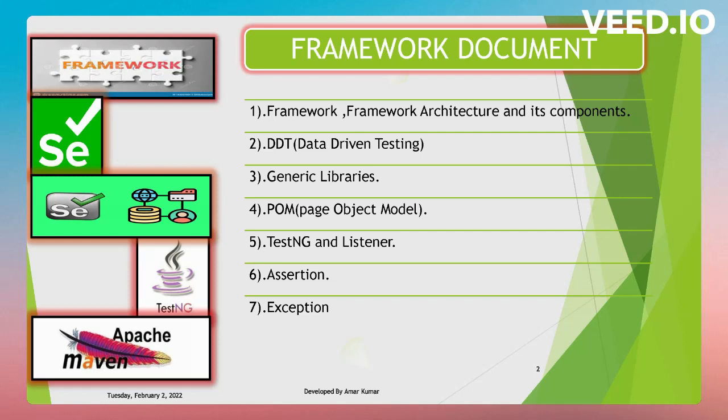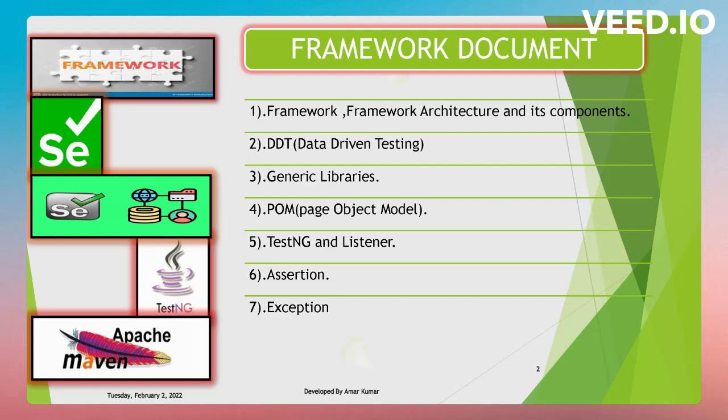First we go through the framework architecture, data-driven testing, generic library, then the main Selenium advantages, page object model, test engine and listeners, asserts and exceptions. The exceptions are the ones I listed which are important in our Selenium framework.